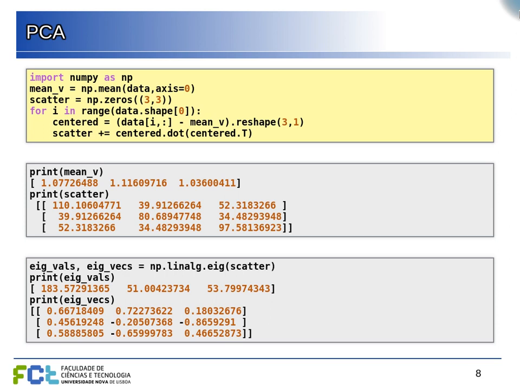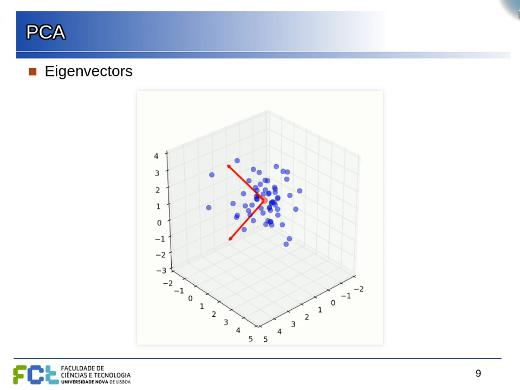Then perpendicular to that, we have this third one here, which tells us where the remaining variance is largest, and so on. So we can use these two, the first one and the last one, to reduce our data from 3 dimensions to 2, while keeping as much variance as possible in our data set. So basically these are the vectors here.